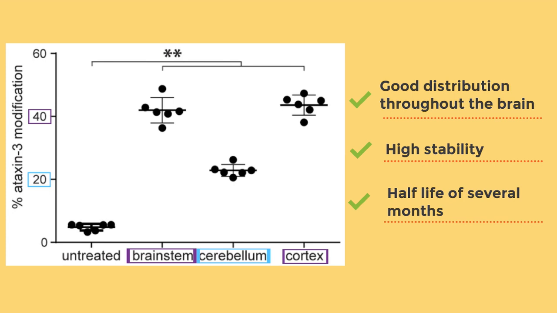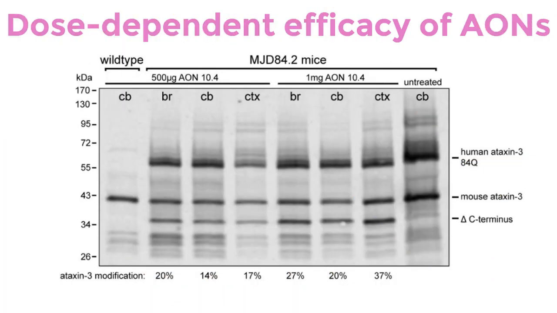It is also shown that the modifications of Ataxin-3 are dependent on the dose of AON supplied. For instance, for the cerebellum, with a 500 micrograms dose of AON supplied, there was a 14% protein modification, while with a 1 mg dose of AON, there was a 20% protein modification.